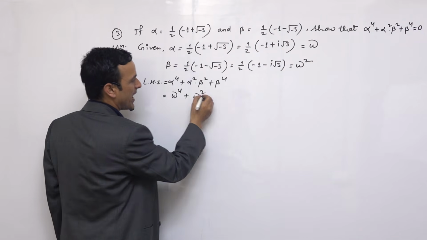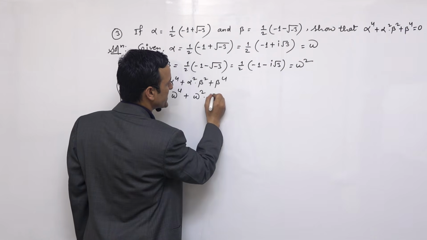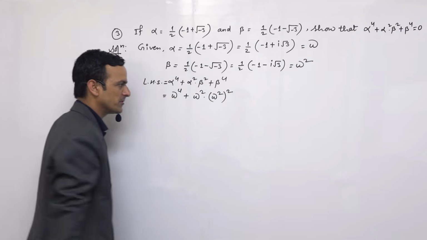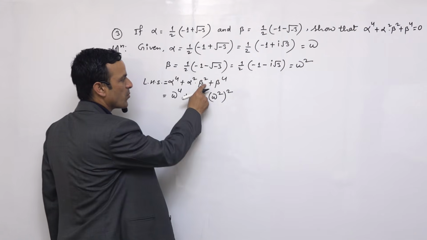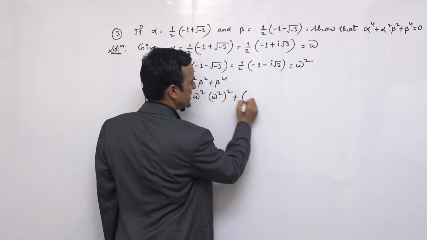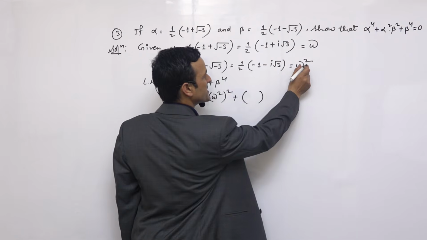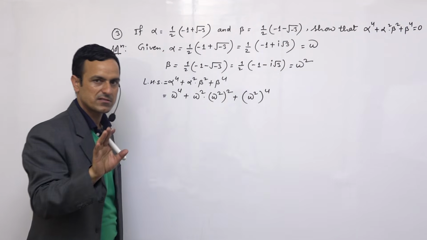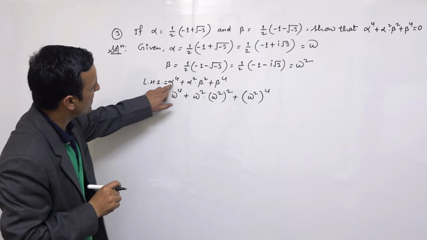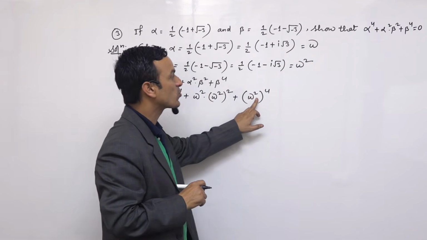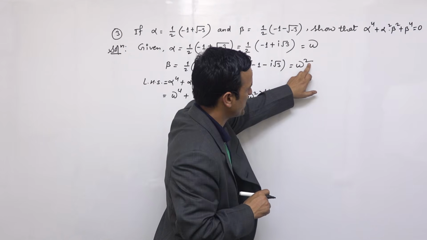So write down square. Beta means omega square, and the power 4 is the same. Wherever there is alpha, put omega; wherever there is beta, put omega square, according to the information.